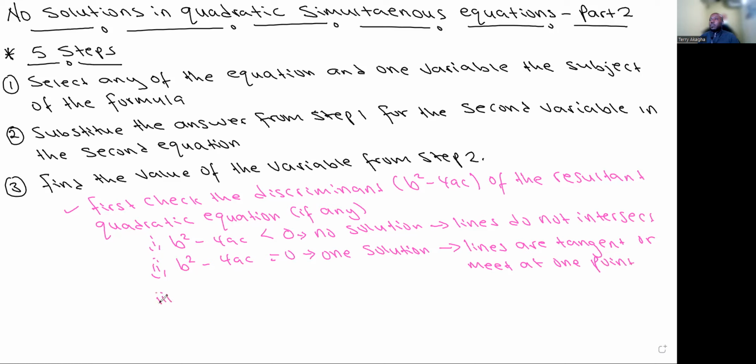Number 3, we have b squared minus 4ac greater than 0, okay? So in this case, we're going to have two solutions, all right? With two solutions, the lines meet, they intersect at 2 points. Is that okay? At 2 points.